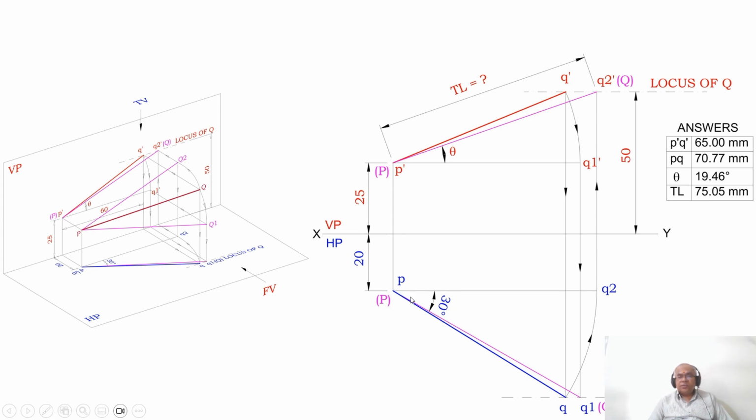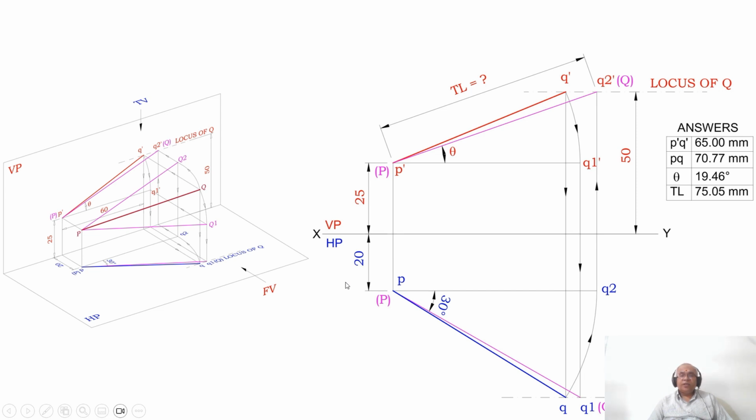You know that this is the true length in HP, so it is the true length in the top view. Its corresponding front view, which is this line P dash Q2 dash, is parallel to XY. Therefore, you are getting the true length in HP. So that is the top view, and it will be in true length.